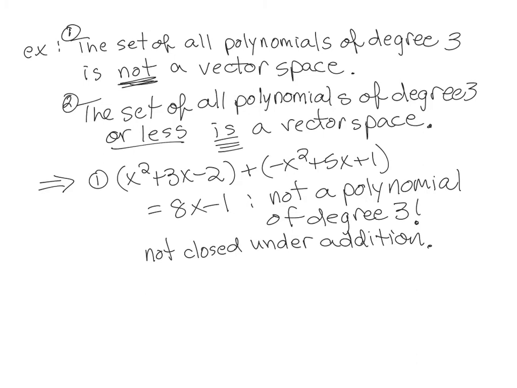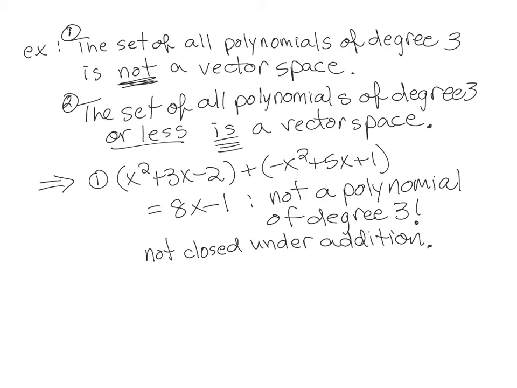Okay, let's check out this example. The set of all polynomials of degree 3. Think about that. If I have 2 polynomials of degree 3 and I add them, do I always get another third degree polynomial?